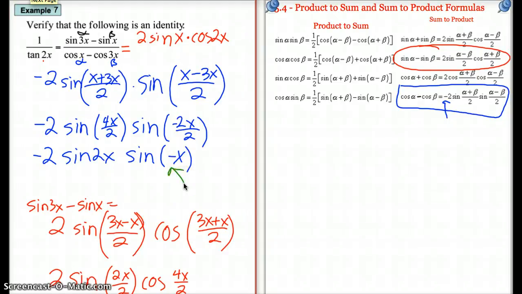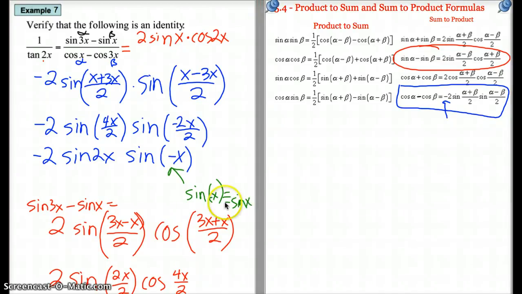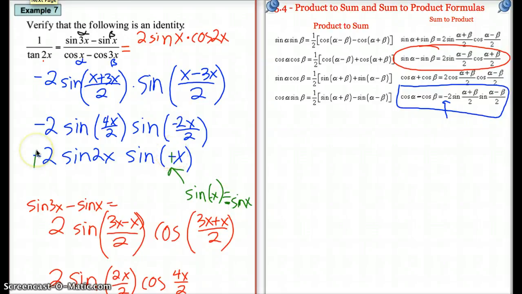So once again, I'm going to use my even-odd formulas, and the even-odd formula states that if I have the sine of a negative angle, it equals the negative sine of the positive angle. So I'm going to take that negative out, and it does come out in front of the sine. So that's going to change to a plus, and then I'm going to change this to a plus because I'm going to pull the negative out, and they'll cancel each other. So my denominator is going to be 2 sine of 2x sine of x.